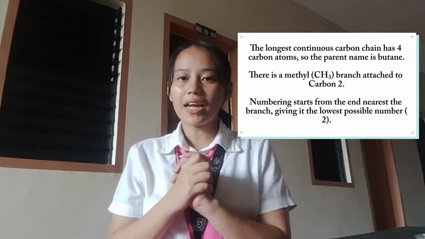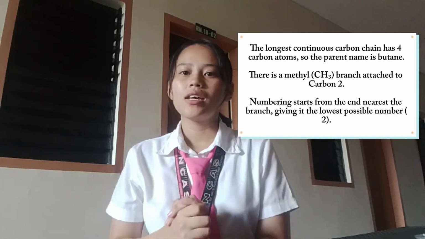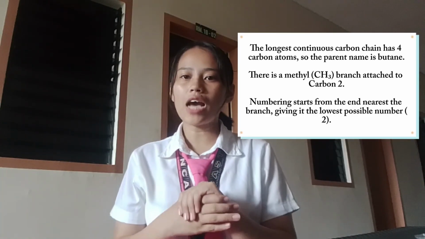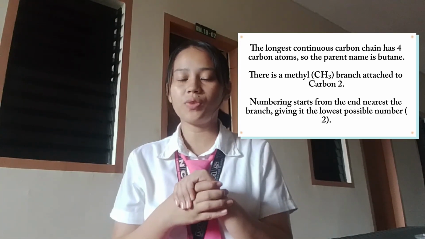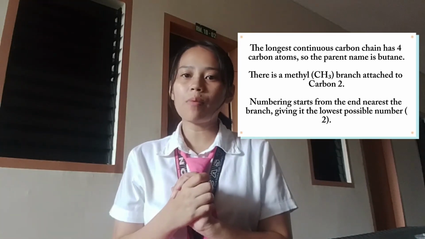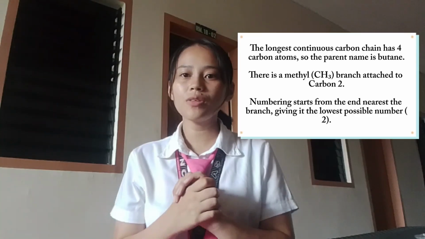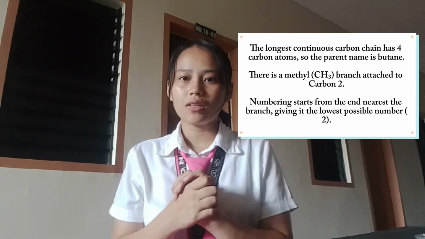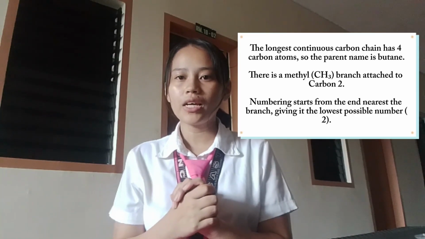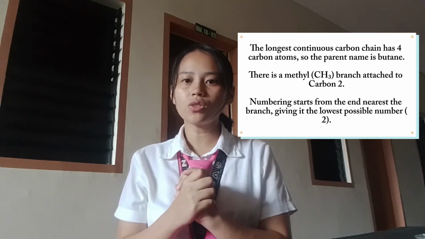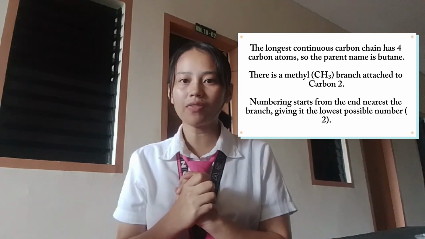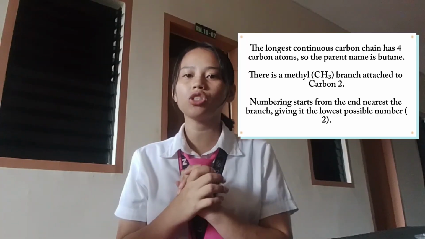Our second structure. Again, we begin by finding the longest chain. This time, the longest chain contains 4 carbon atoms, so the parent chain is butane. Next, we number the chain from the end nearest the branch. The methyl group is attached to carbon number 2. Since there is only one substituent, we simply combine the number, substituent, and parent chain.